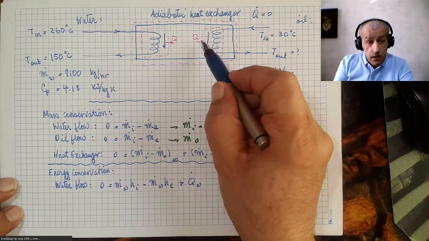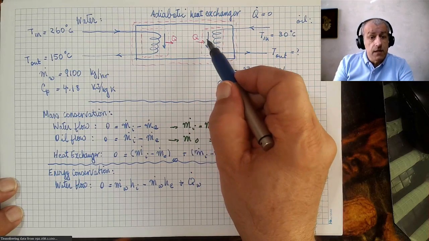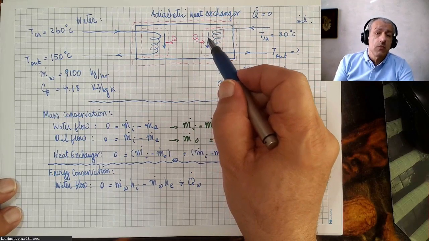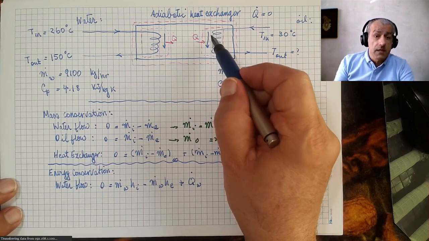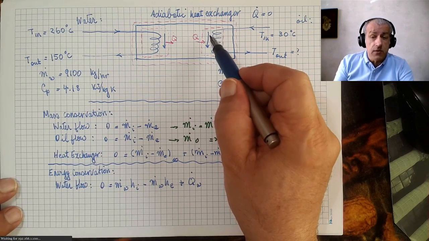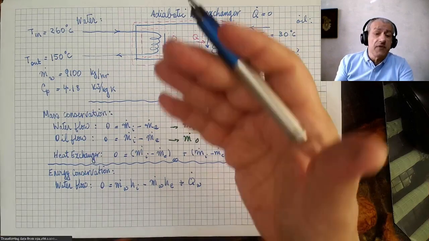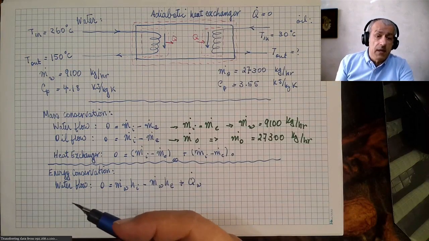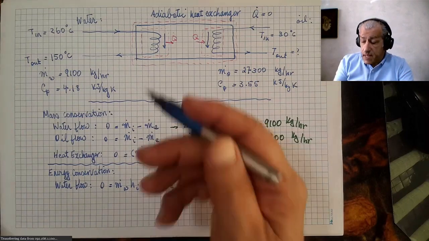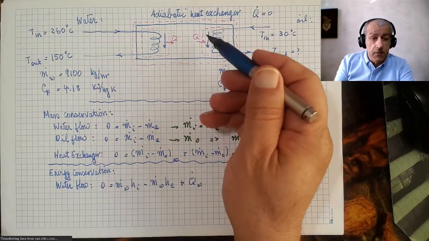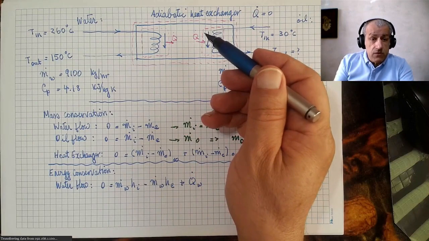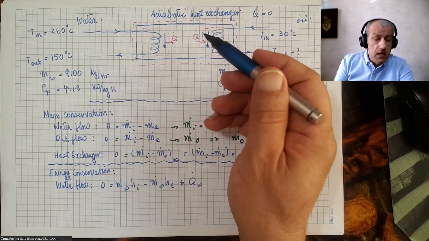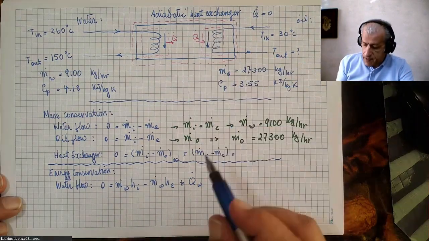But this one, since it's entering the oil control volume, should end up to be positive. We don't force it, it should happen. But just if we write our equations correctly, then it should happen that this ends up negative and this ends up positive. The values should be the same, but the signs should be different.